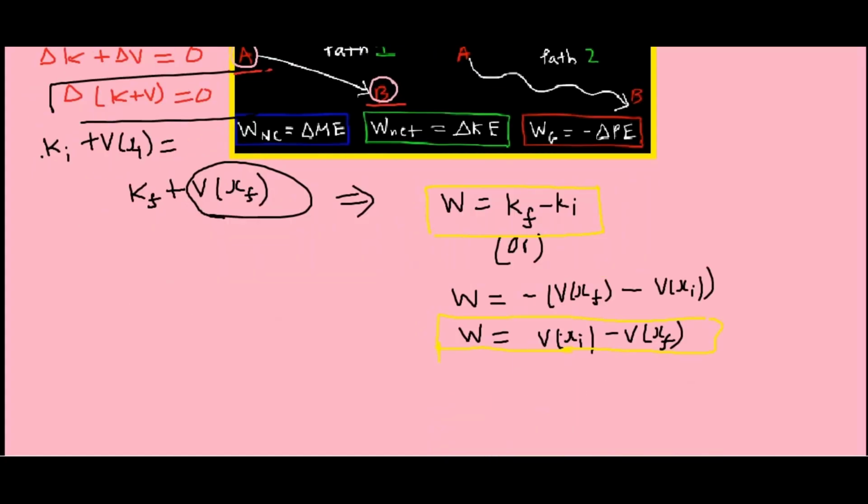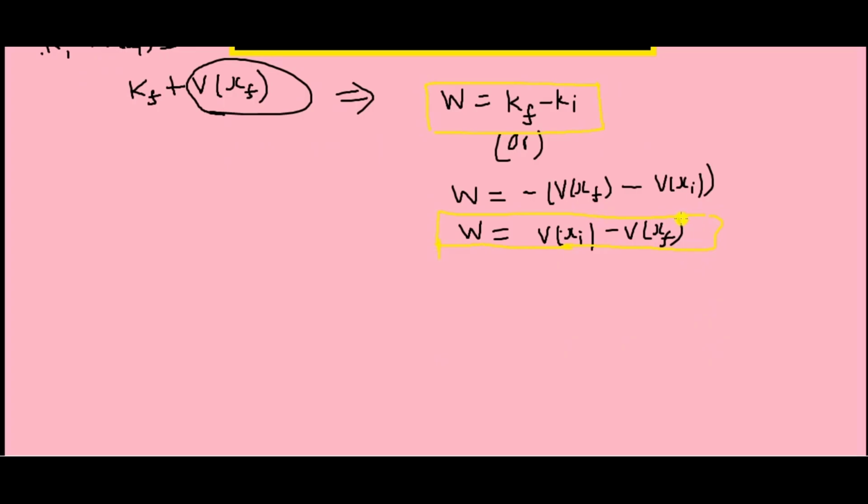Basically, as it's a conservative force, the work done depends upon the initial and the final position only, not the path. So the total mechanical energy of the system is conserved if the forces doing work on it are conservative. That is, if the force acting on it is not path dependent, it will be conservative.